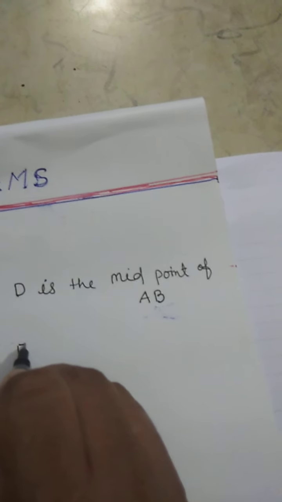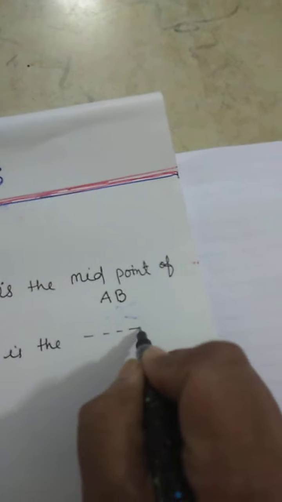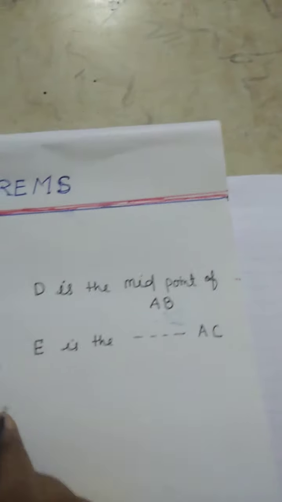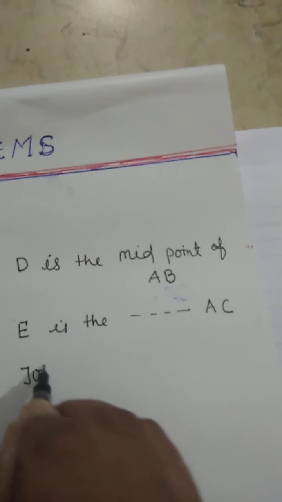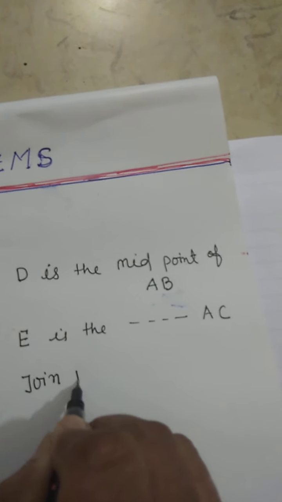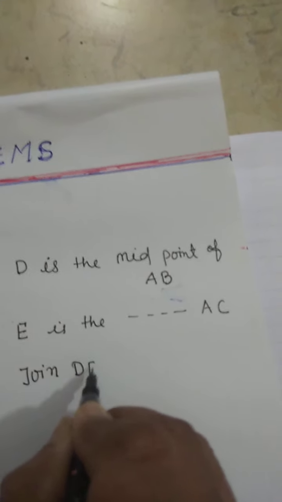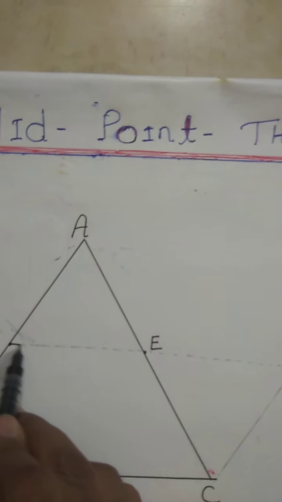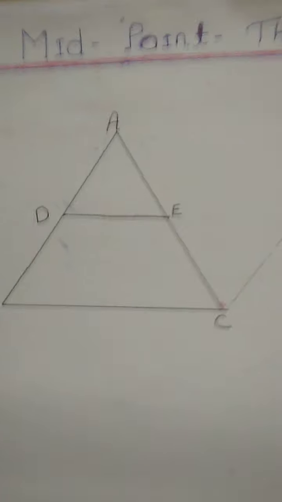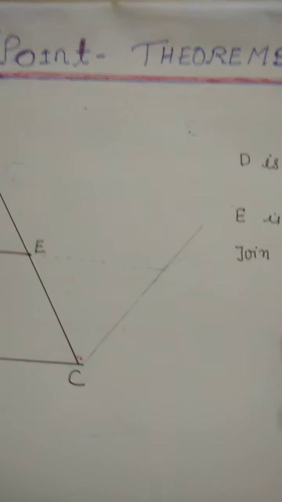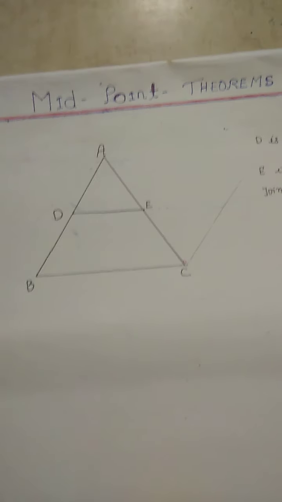Similarly, E is the midpoint of AC. Now the third part: join DE. Check here, join DE. Keep these things always in your mind.